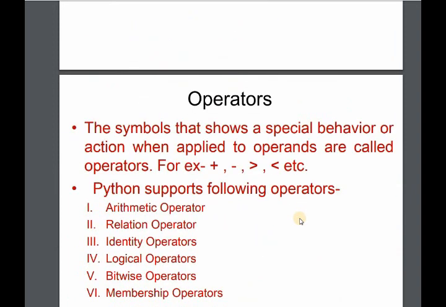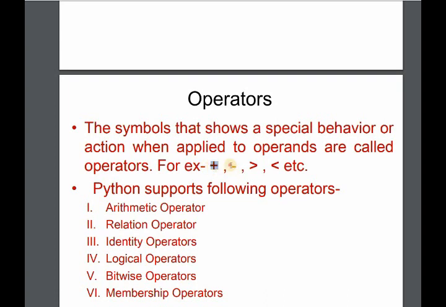So in the case of operators, what is an operator? Operators are specific symbols which behave for a specific operation. If I want to add two values, adding is an operation, but adding can be performed by a simple symbol called the adding symbol, plus.